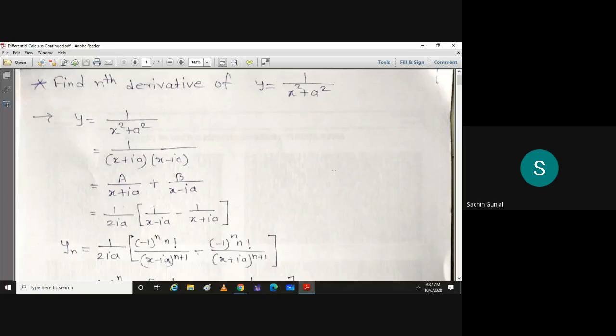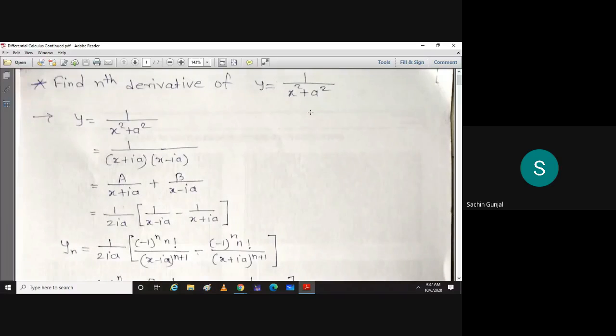We have studied how to use partial fractions to get the nth derivative of 1 upon some polynomial function, or p of x upon q of x, where there are conditions on the degree of p of x and the degree of q of x.